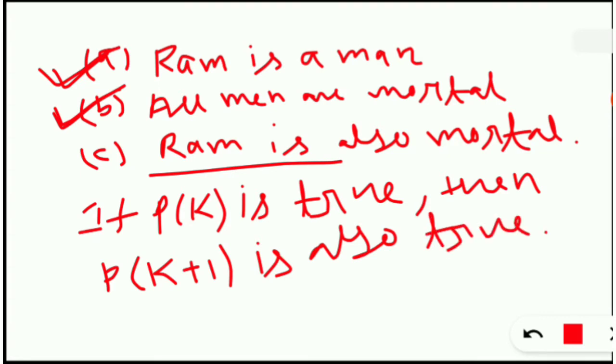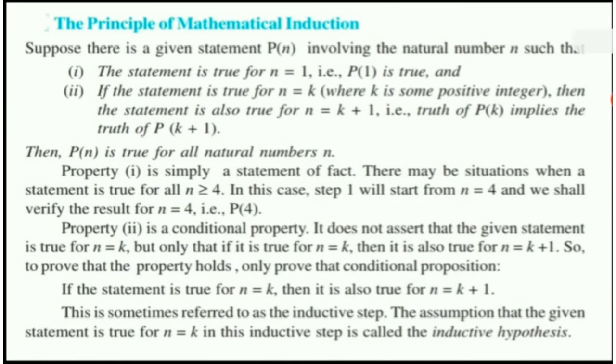Clear? So, if P(k) is true, then P(k+1) is also true. This is the conditional property. Clear? But the main thing is this: this is the principle of mathematical induction.